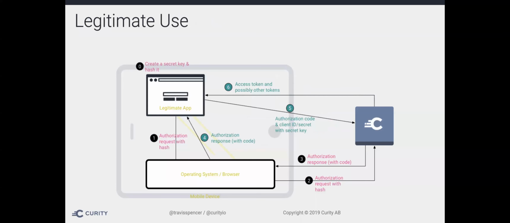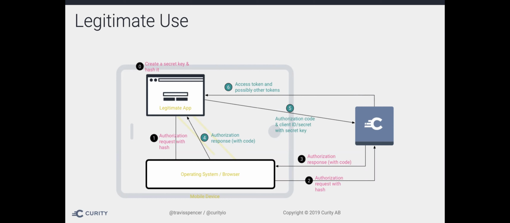In the legitimate usage, we create that secret as before, and we hash it. We send the hash and the hashing algorithm in step 1 over to the Curity server, and the authorization request sends the code back in step 4 now. The code is transported to the legitimate application. So this would be the typical case.